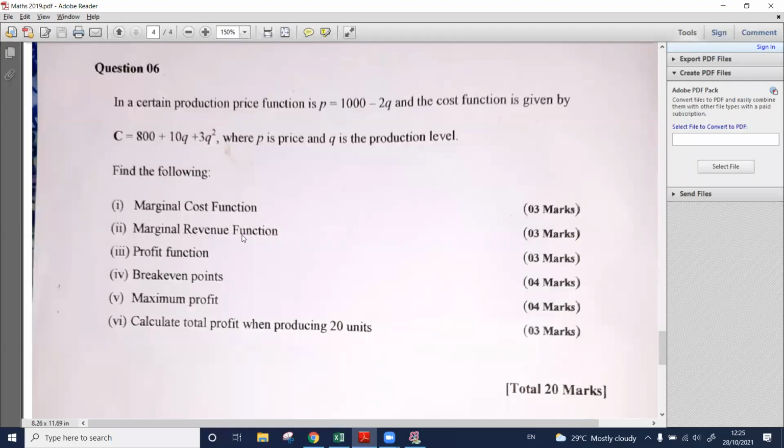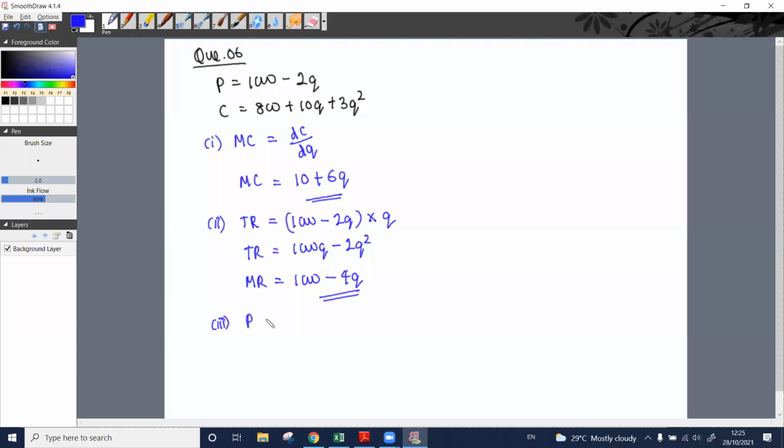Earlier one was 93, the others, right? We check that.